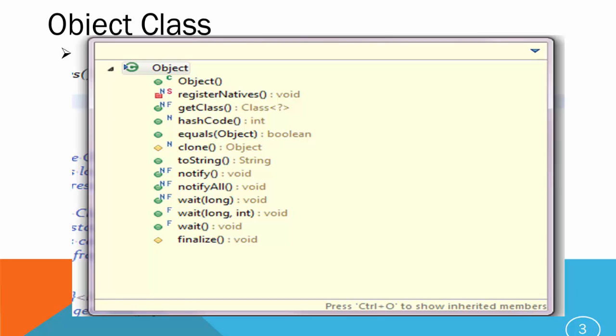If you see here, n denotes native, s denotes static, and f denotes final. I will tell you the details about final methods in upcoming slides.